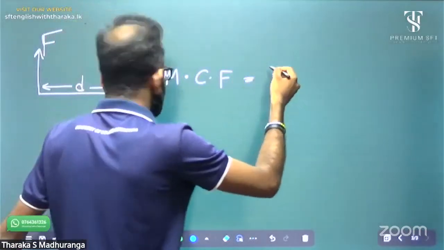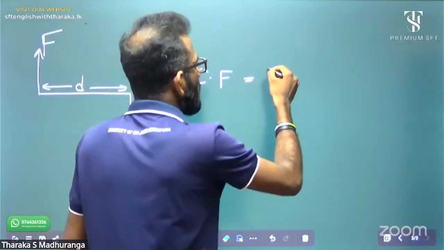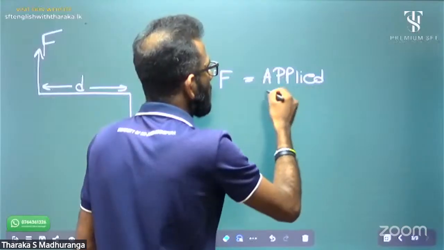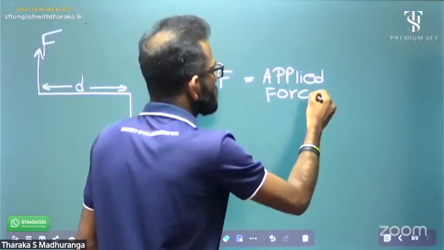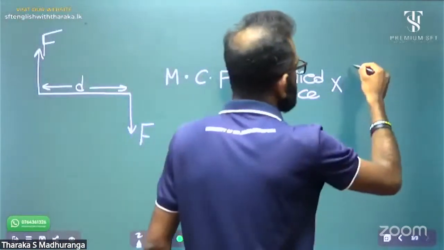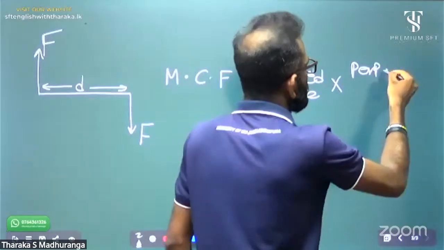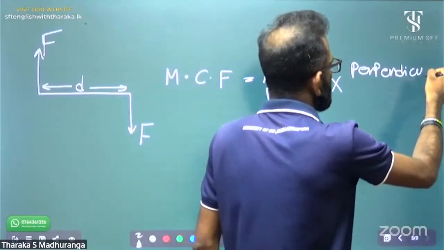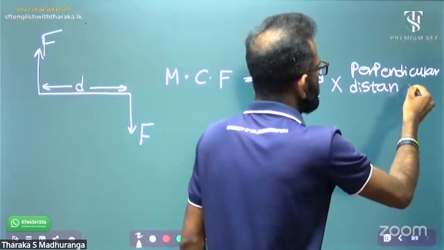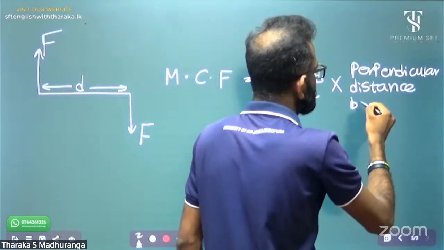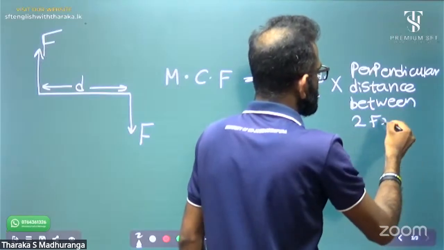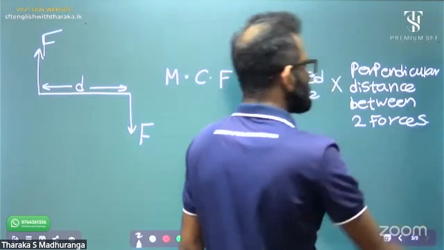Two forces act in opposite directions with the same magnitude, and this is the distance between the two forces. The moment of couple of force is equal to one applied force value multiplied by the perpendicular distance between the two forces. Okay, that's the difference.